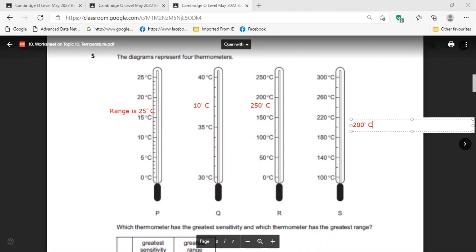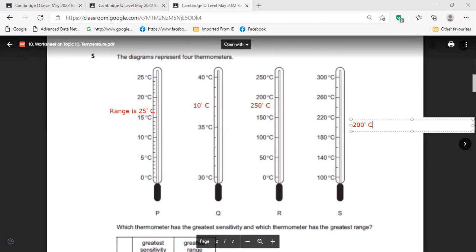So which one has the lowest range? Q has the lowest range. So this one we are saying is most sensitive, according to our writing.